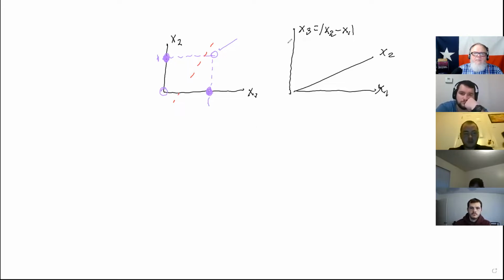Now, here are the points before. Before, we have a point here, which is 0. We have a point out here, which is 0. We have a point here, which is 1. And we have a point here, which is 1, correct? Okay, my example doesn't work. That's the conventional way.